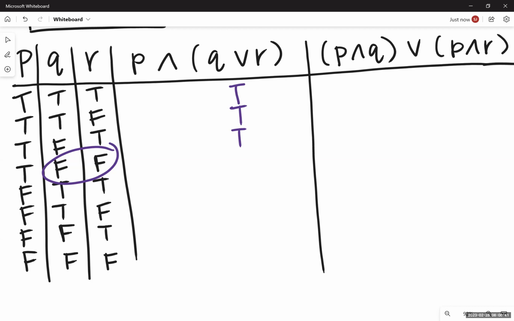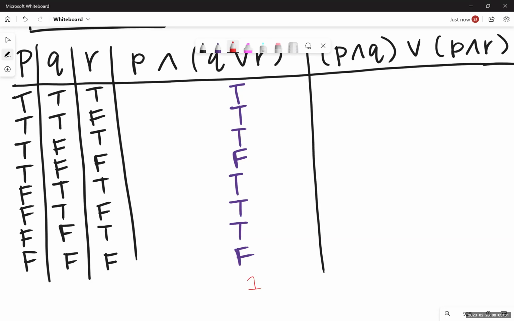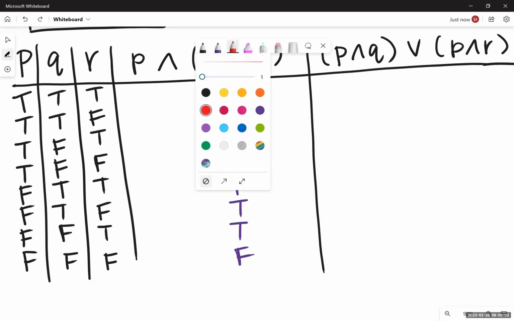No. You get F as your answer right there. Is T or T true? Yes. T or F? Yes. F or T? Yes. F or F? No. So that's the first column that I would work on, and that's the answer for that work right there in the parenthesis.